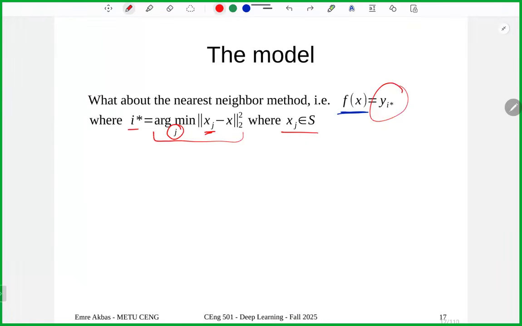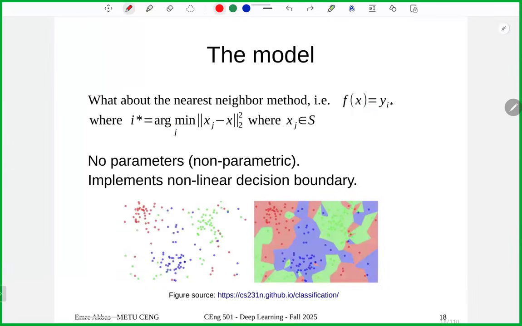But as you said, this model implements a non-linear decision boundary, because when you take the nearest neighbor as your classification, you tessellate the whole space into Voronoi cells, and the boundaries are nonlinear. But we cannot talk about linear or nonlinear in terms of its parameters because there are no parameters here. There is no W or theta vector in nearest neighbor.